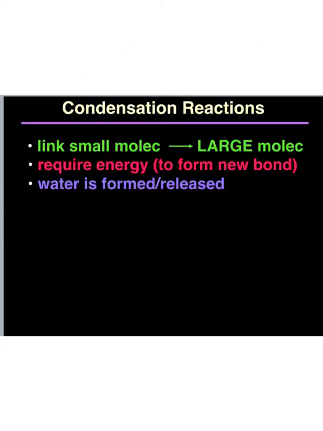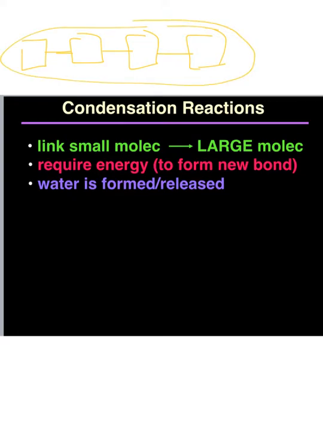Okay, so in order to make these polymers, we have to carry out chemical reactions that allow us to take the monomers and put them together to make a polymer. So if you remember, we had our little monomer squares here, and we drew bonds between them, or linking them, to form our polymer, this one big thing here.